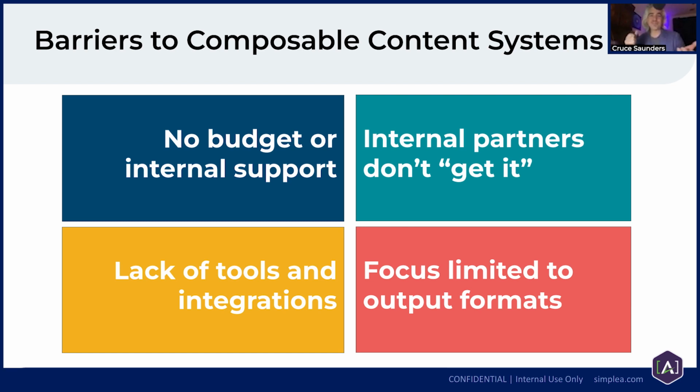So let's talk about some of these barriers to composable content, to getting content structures into production. One is this: there's no budget, there's no internal support. And so everybody's just out there focused on a limited output format.